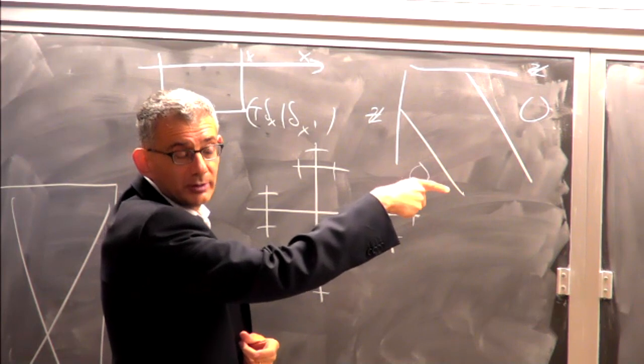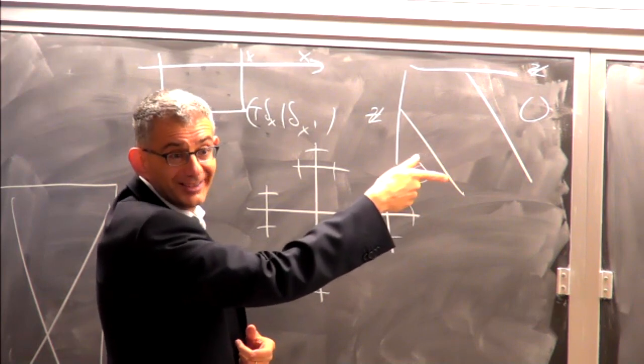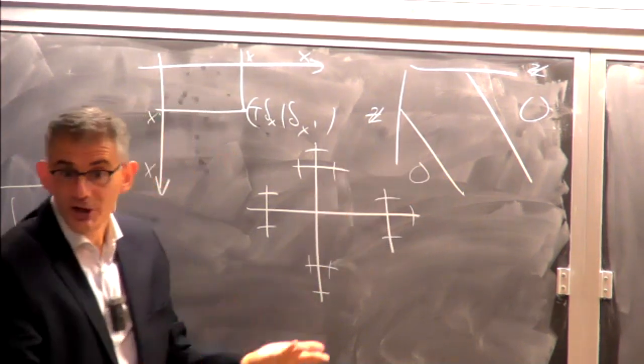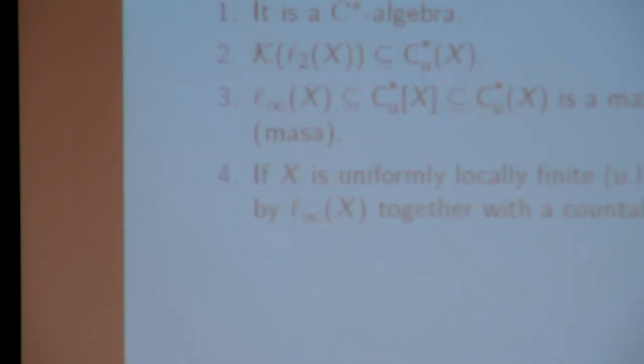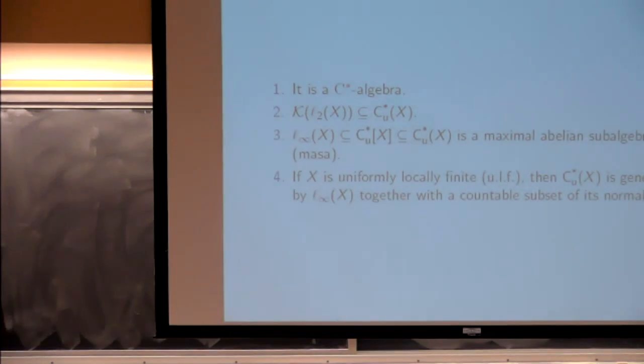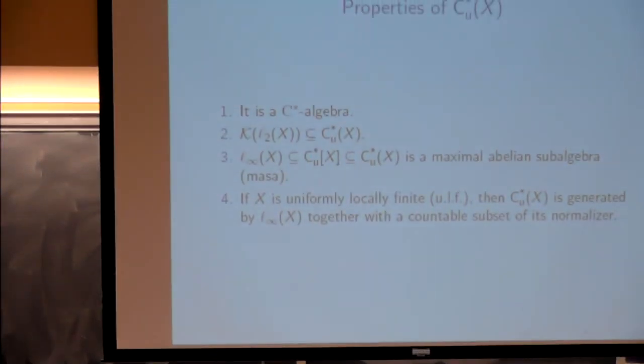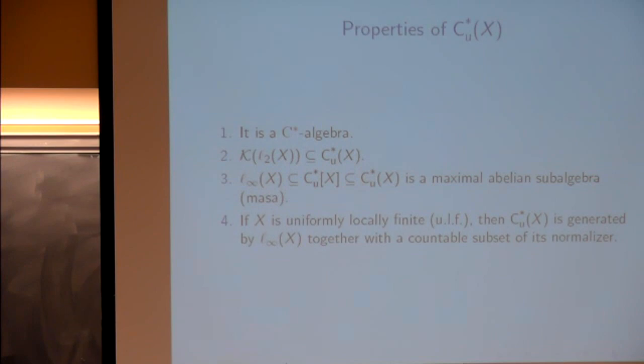And those are really countably many partial isometries. And if you take all of them, you generate the whole algebra. So basically, L infinity of X is very visible somehow in the middle of the algebra, and we'll come back to that.